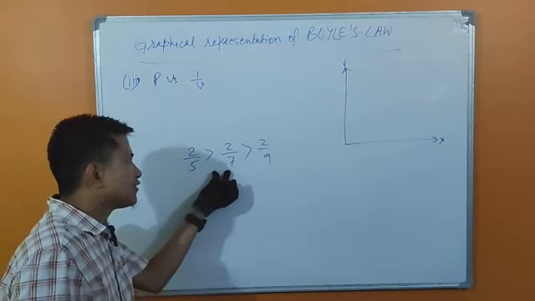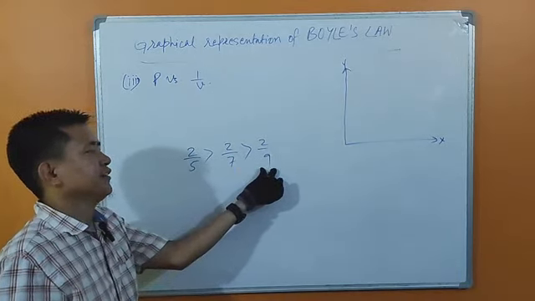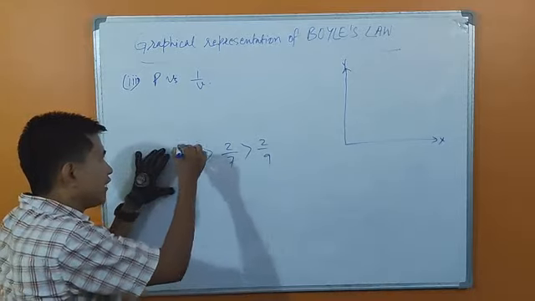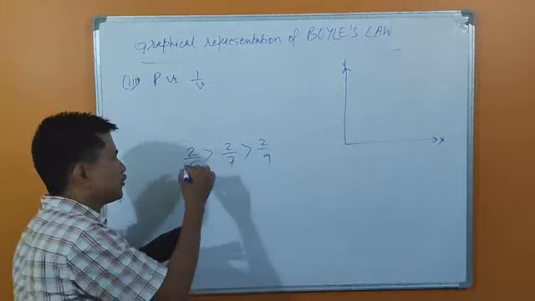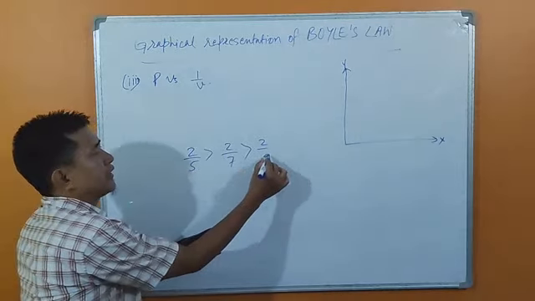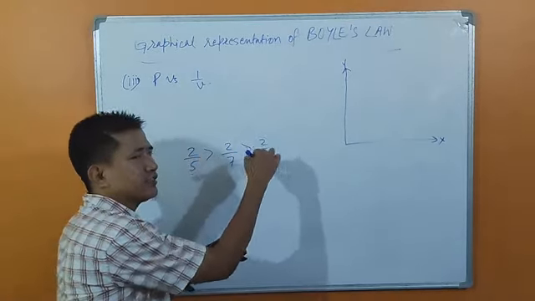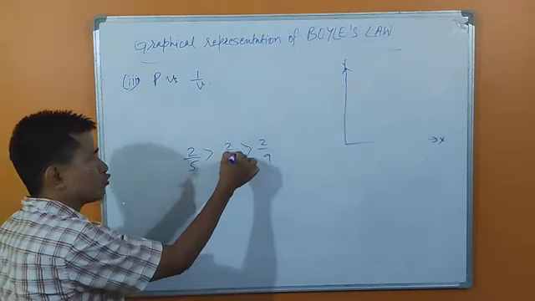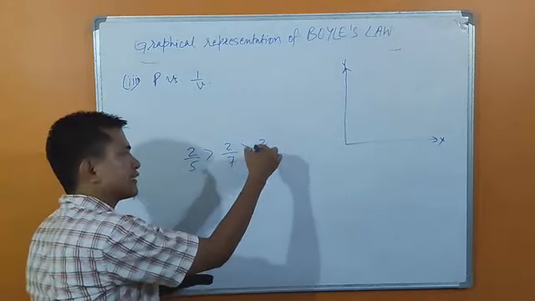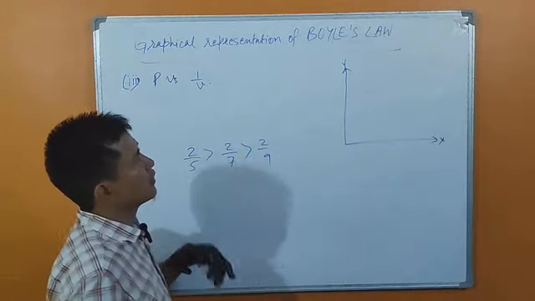As you increase the value of the denominator, the value of the fraction decreases. Okay, 2 upon 5 is greater than 2 upon 7. 2 upon 7 is greater than 2 upon 9. I hope you got this.